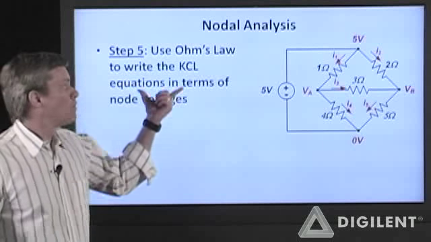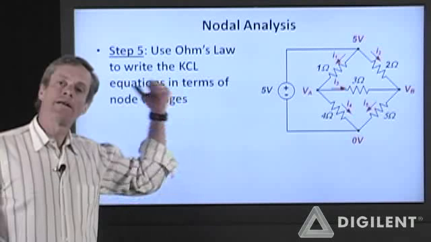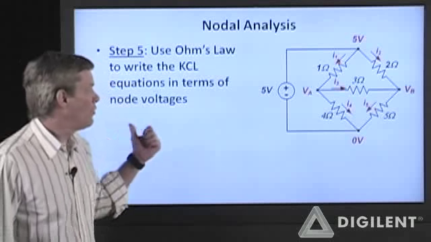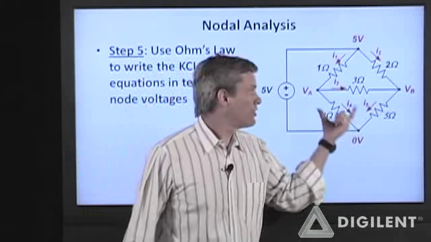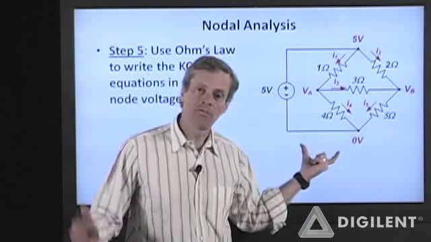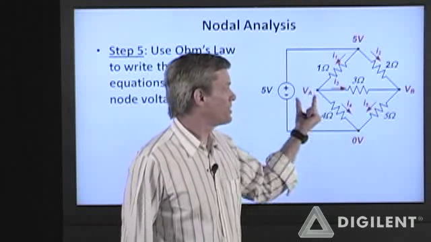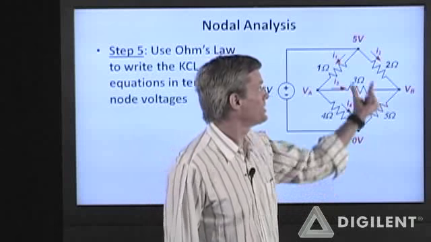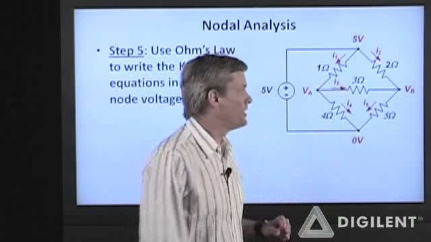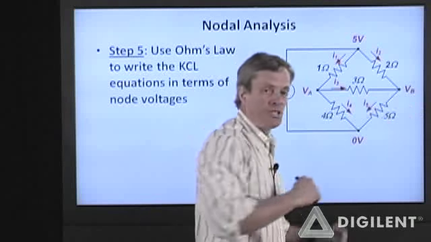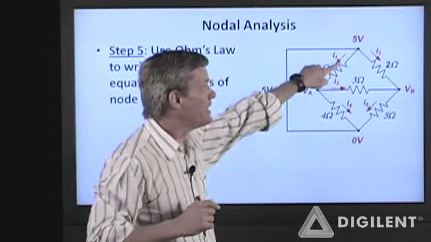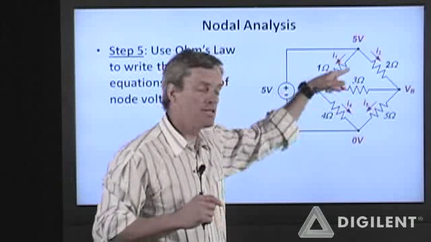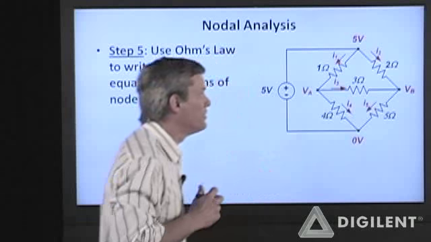Step 5. We're going to use Ohm's law to write our previous KCL equations in terms of the node voltages. I've accumulated in red my information from the previous slides, which tells me what my reference voltage is, this dependent voltage is, my independent voltages, VA and VB, and what I've assumed as far as all of my currents. Now I'm going to write these currents in terms of the voltages at the nodes.